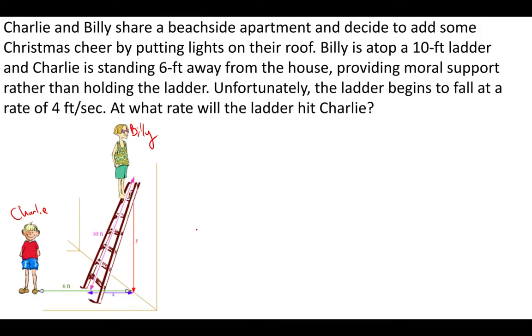And then unfortunately the ladder begins to fall. So the ladder starts to fall down. Down goes Billy. And as it starts to fall, the other part of the ladder is going to go out this way. And it actually hits Charlie because Charlie is standing there not paying attention. And so the ladder actually whacks Charlie as well. So both of them get injured in this catastrophe. So we are going to figure out at what rate of speed the ladder will collide with Charlie.